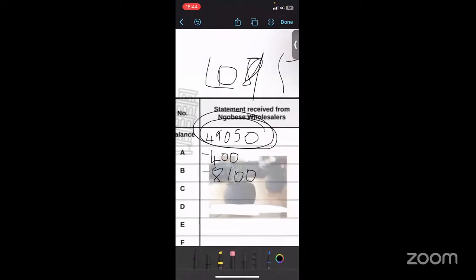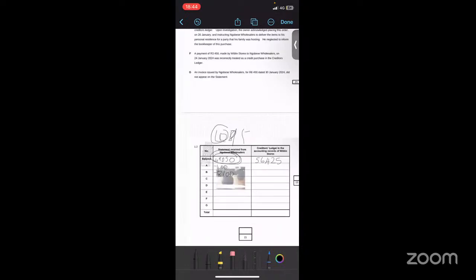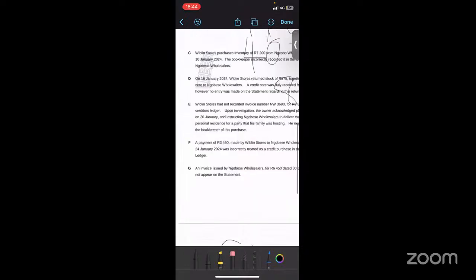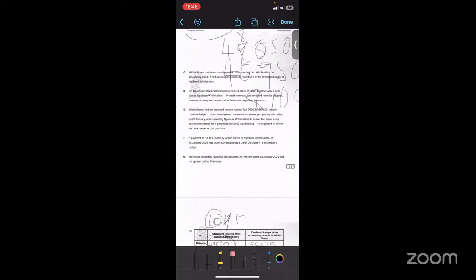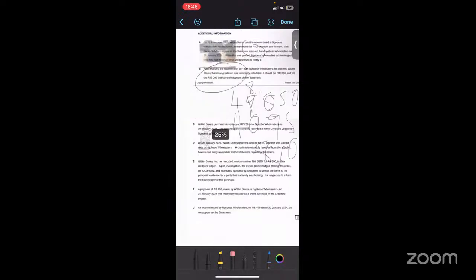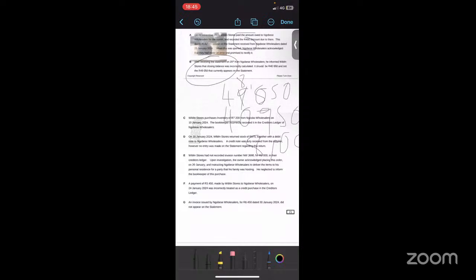Then let's go to D. D says on 16th January, no, we can't go to D. We missed C. Webbling stores purchases inventory of 7,200 from Global wholesalers on 10th January. The bookkeeper incorrectly recorded it in the creditors ledger of Ngobese wholesalers.